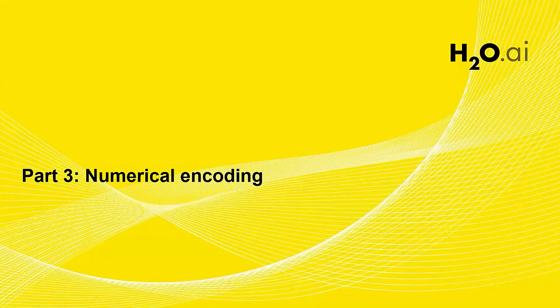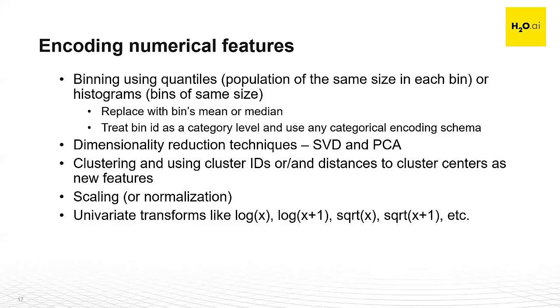So now let's move on to some potential transformations you can try on numerical columns. With numerical features, you can try to capture non-linearities, and we will see how you can do that using binning techniques. Another thing you can do is dimensionality reduction using techniques like singular value decomposition or principal components analysis.